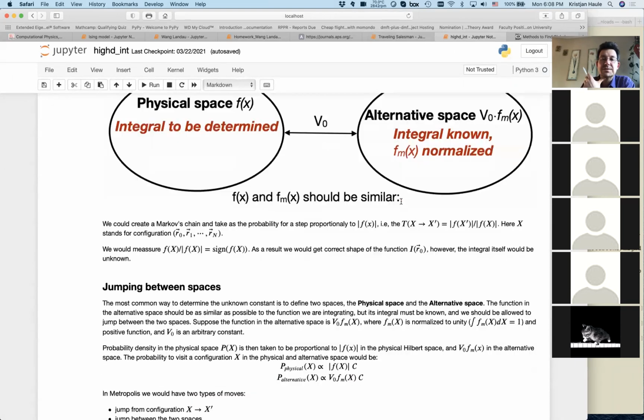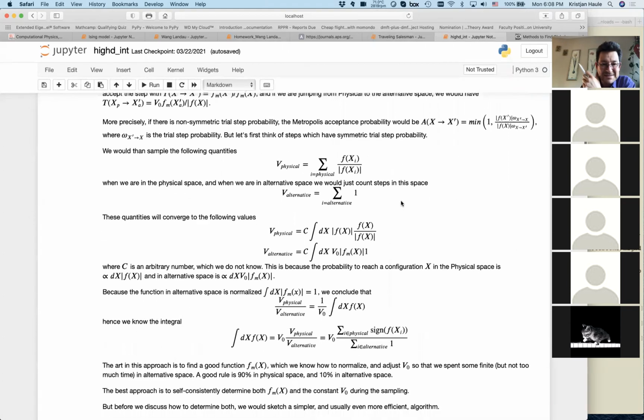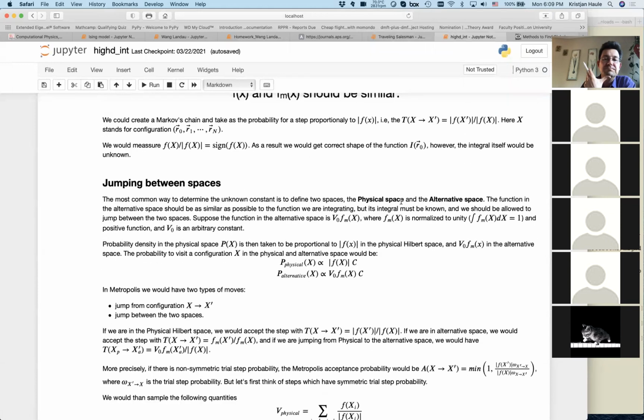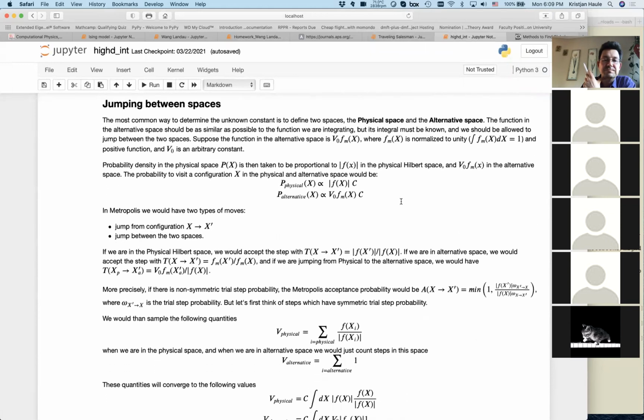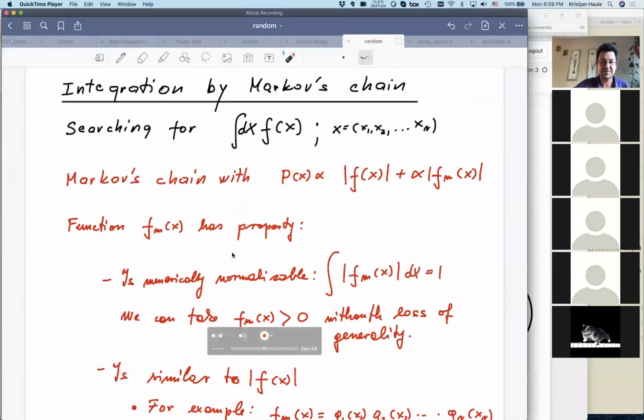Here are some notes on this problem. I forgot to write one important equation, so I'm looking back to find the equation. But anyway, the point is the following.